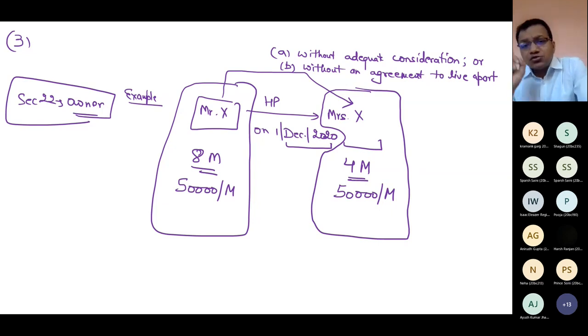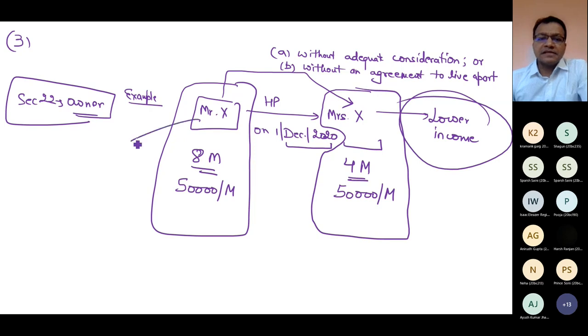But if neither of these two happens, it is without consideration and without an agreement to live apart, then the government thinks that it is nothing but tax evasion. Suppose Mrs. X is in a lower income slab, or she is not earning any income, but Mr. X is in a higher income slab, or he is earning the highest income, at the 30% rate.